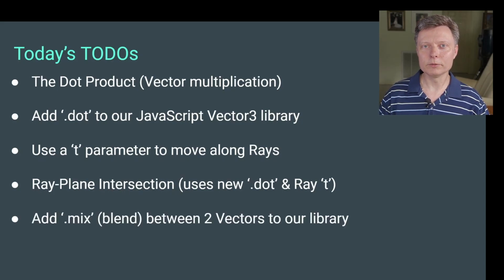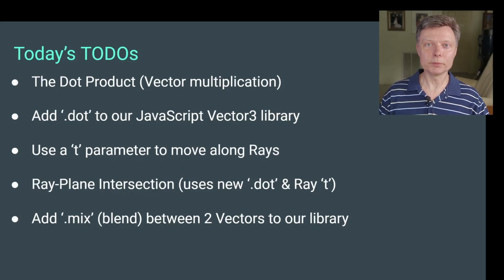And this is not really related to the dot product, but I just wanted to add this in really quickly to our vector3 library, and that's called the linear interpolation function. And so it has many names in computer graphics. You might see blend or lerp, which is short for linear interpolation. And the name that I like to use is called mix.